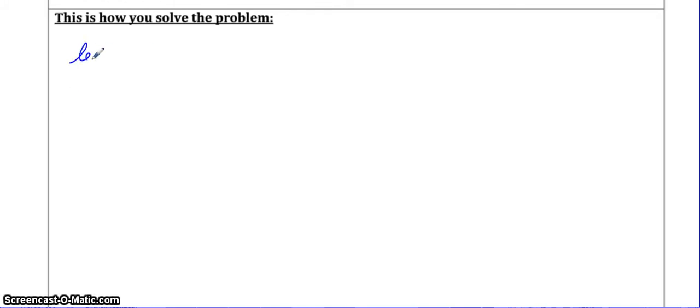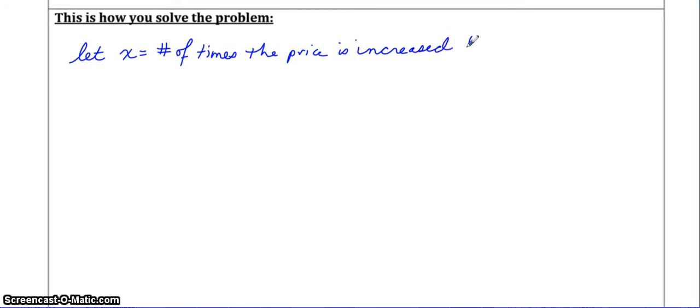So our let statement is: let x be the number of times the price is increased by $5. So our revenue is, we're going to start at $20, and if we sell calculators for $20, we get 300 students.